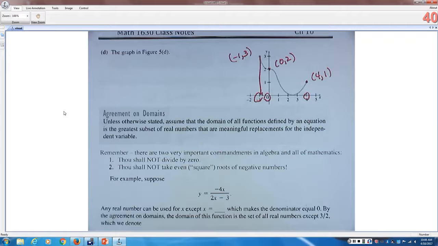That value 0 resulting in the denominator is a problem, so you can't divide by 0. And the second one is you cannot take even roots, which is square roots and fourth roots, of negative numbers, because there are no twin numbers that have the same sign that are going to give you a negative answer.